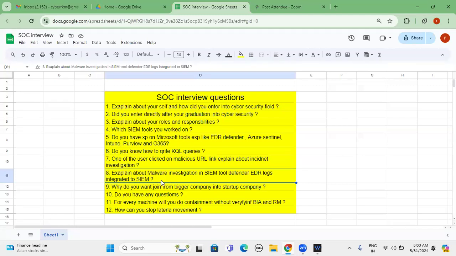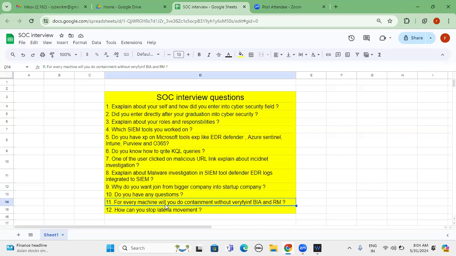So next one. In case any lateral movement has happened, how can you stop that lateral movement? And also, for every system that is getting compromised, will you do network containment or network isolation?